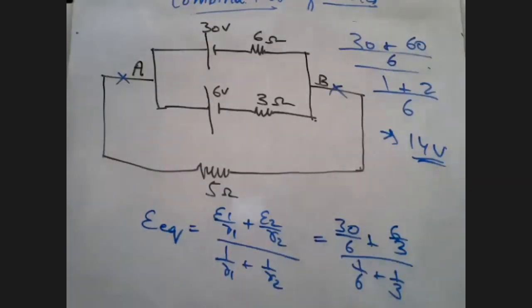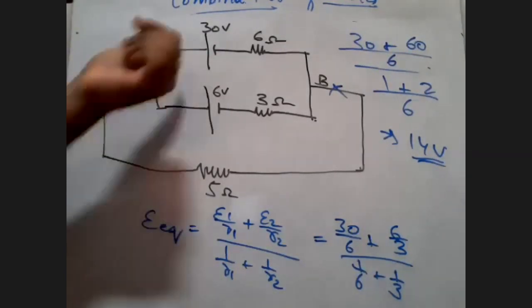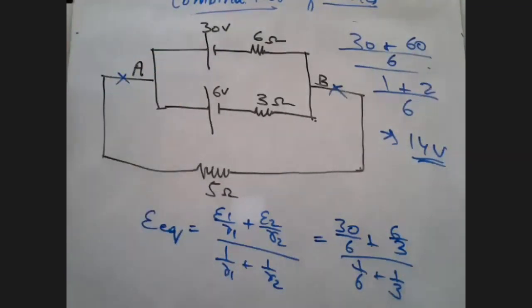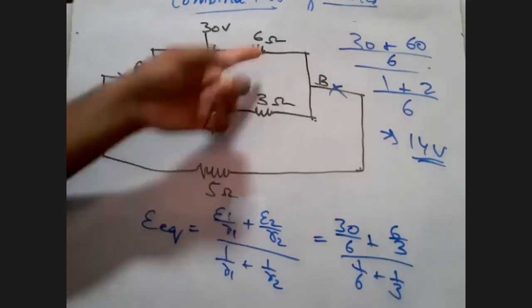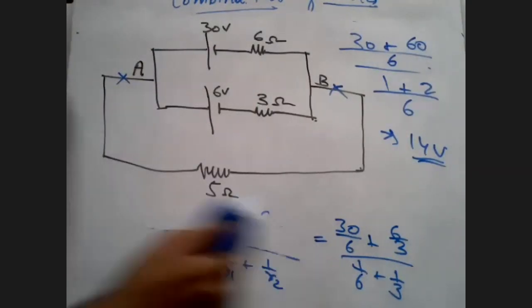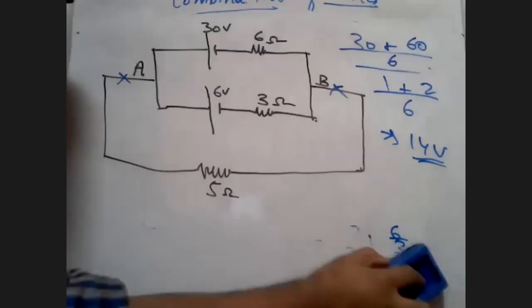Yes, correct. So if I have got an epsilon equivalent of 14 volts, can you also find out the equivalent resistance in this parallel configuration?